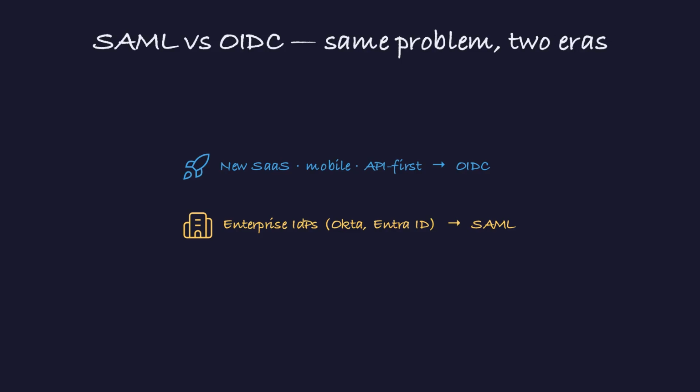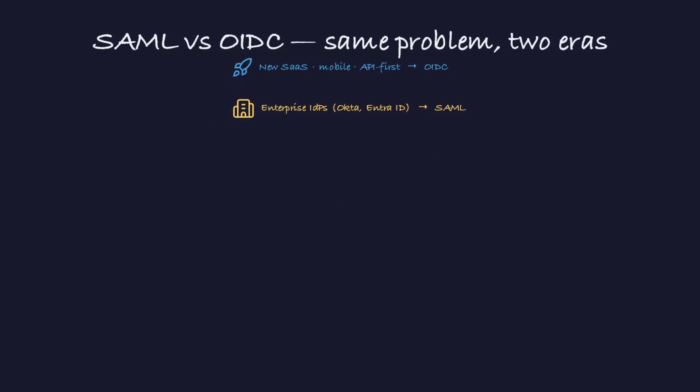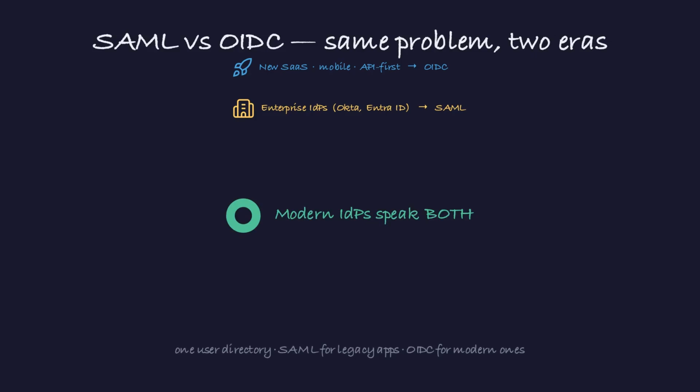Choose OIDC. Integrating with enterprise IdPs like Okta or Microsoft Entra ID? You'll need SAML. And modern IdPs, Okta, Auth0, Entra ID speak both, bridging legacy SAML apps and modern OIDC apps on top of one user directory.